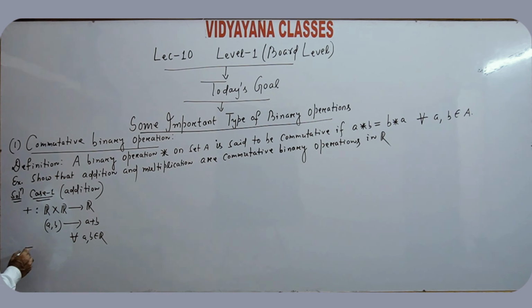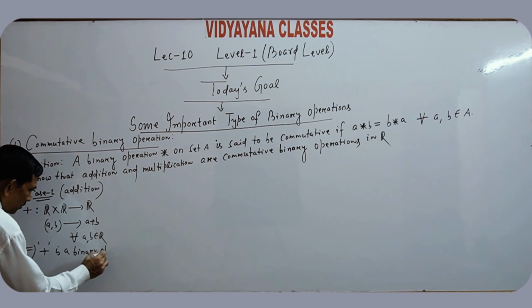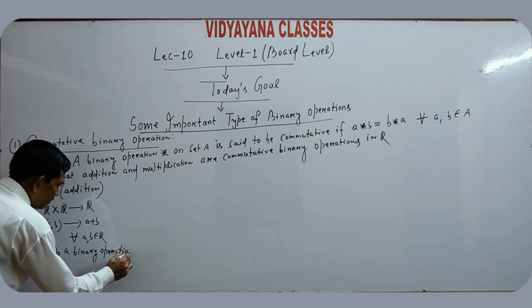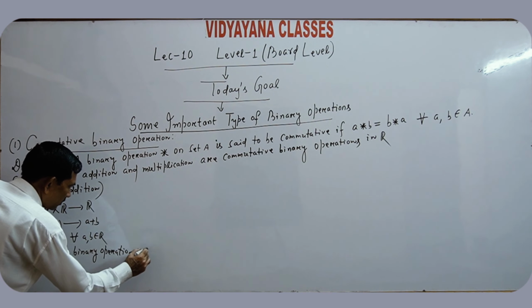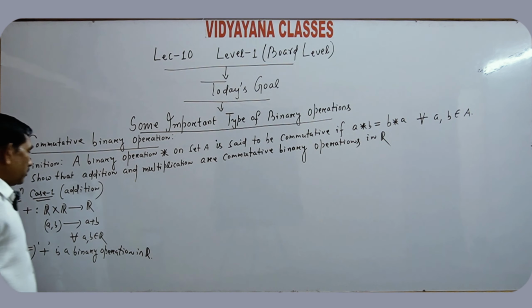This implies addition, denoted by the plus sign, is a binary operation in R, the set of real numbers. Clear?